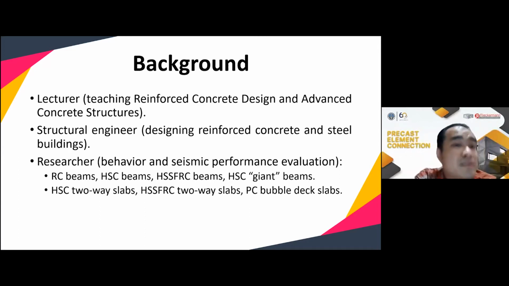Actually, this was my first so-called training when I came to Nanyang Technological University at the time. My late supervisor had a research project on these PC bubble deck slabs. We tested the PC bubble deck slabs to investigate the punching shear capacity. When we were performing the experimental testing, he asked me and my friend to climb on top of the slab to investigate the cracks and measure the crack width during the testing.